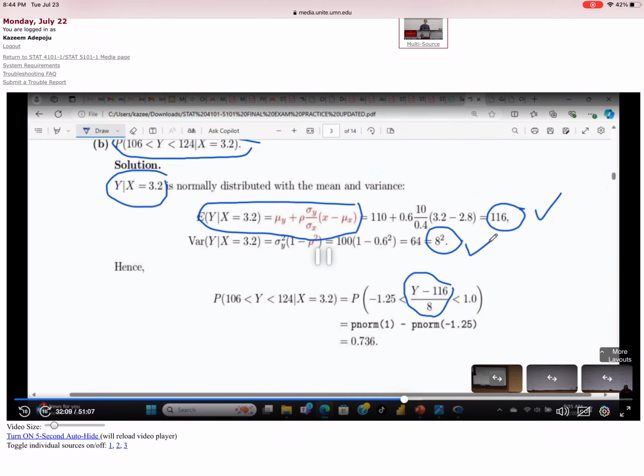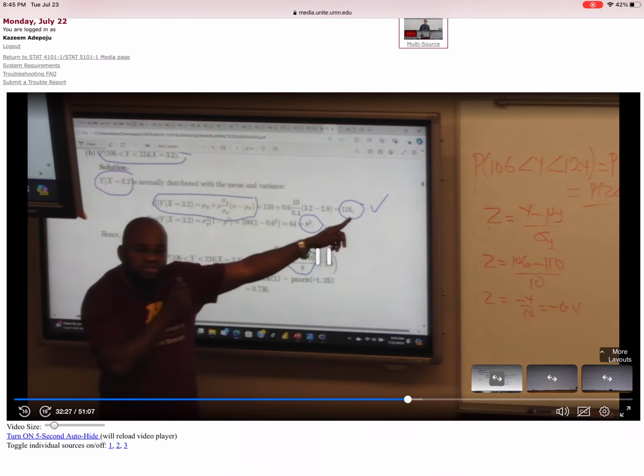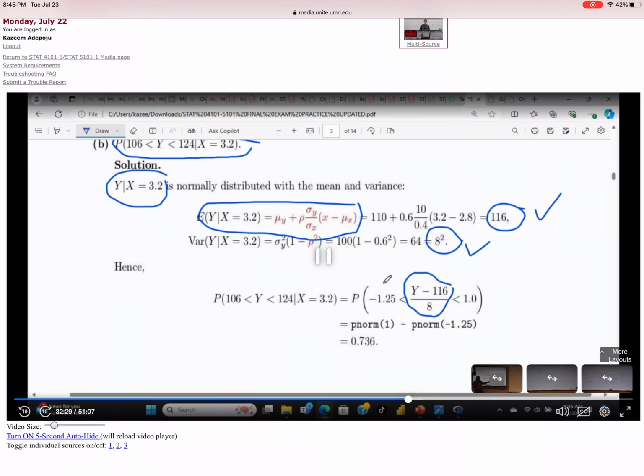Can you see that now? And how do I get negative 1.25? To get negative 1.25, I'm going to do 106 minus the mean divided by the standard deviation. You can try that now. 106 minus 116 divided by 8 is going to give you this.